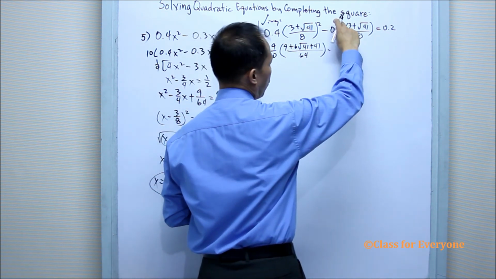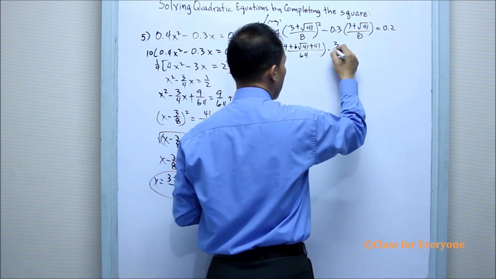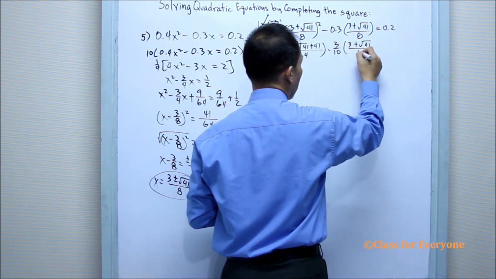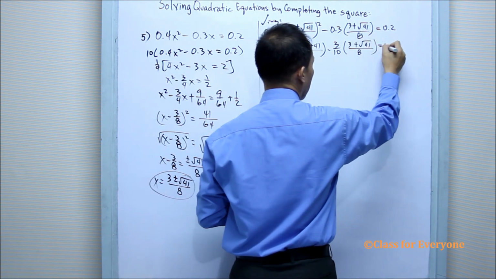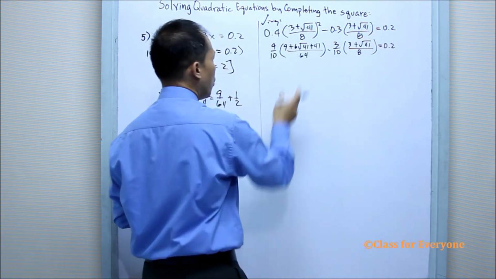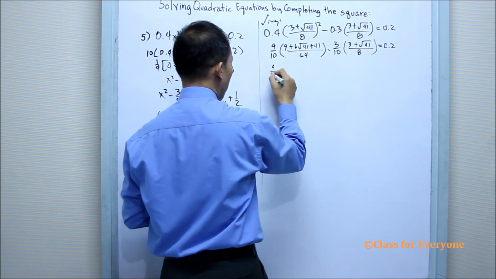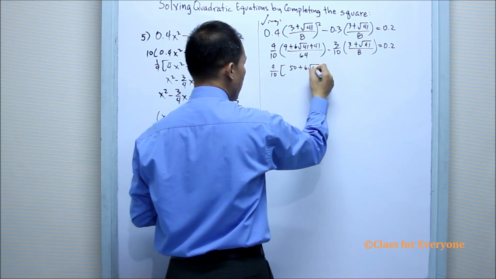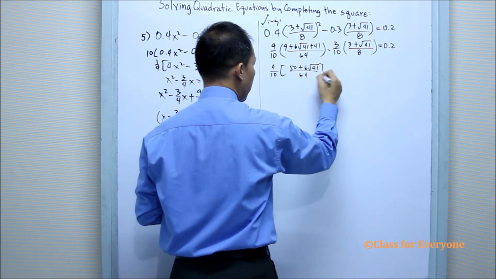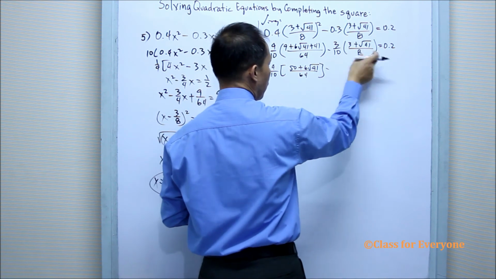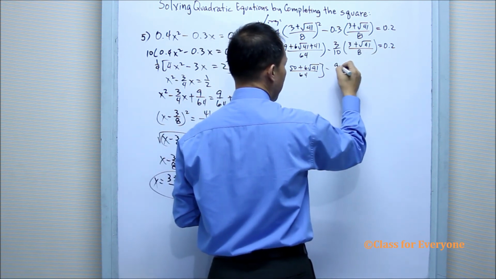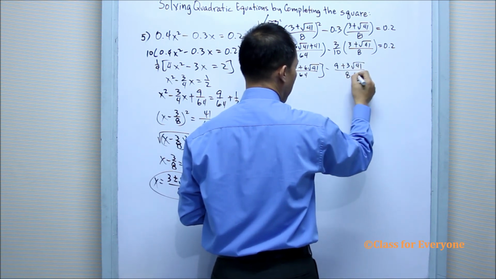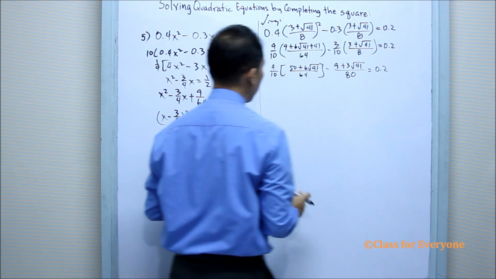Minus the equivalent fraction of 0.3, which is 3/10, times 3 plus the square root of 41 all over 8, equals 0.2. Now, combining this first, 4/10, we will have 50 plus 6 times square root of 41 all over 64, minus, then we can multiply this now, 9 plus 3 times the square root of 41 all over 80, equals 0.2.